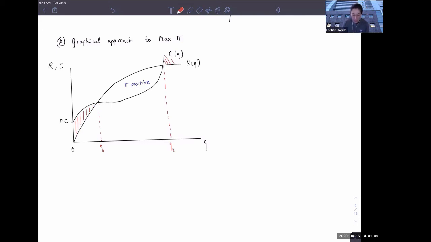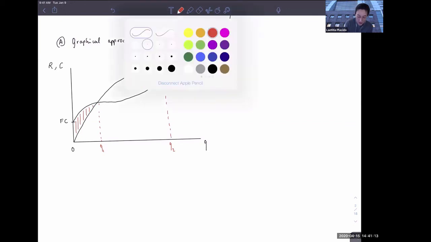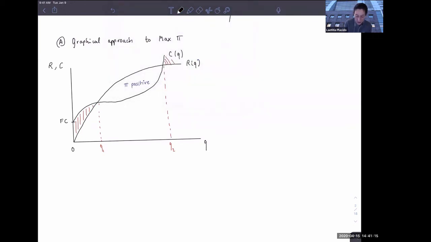So from this graph, you can guess that the optimal amount of output Q star that you're looking for is gonna be between Q1 and Q2, okay? It's gonna be in the range where the profit is positive.